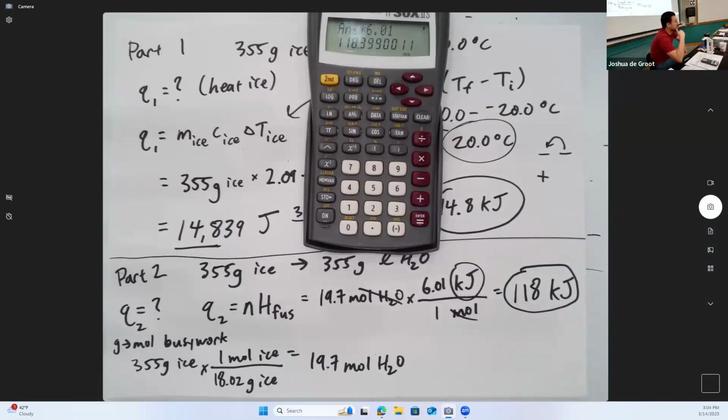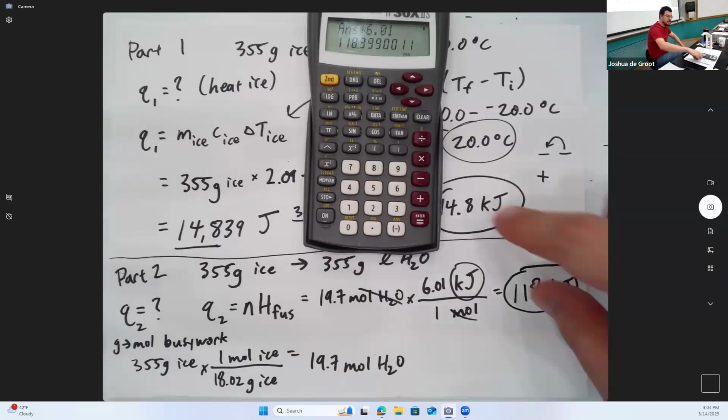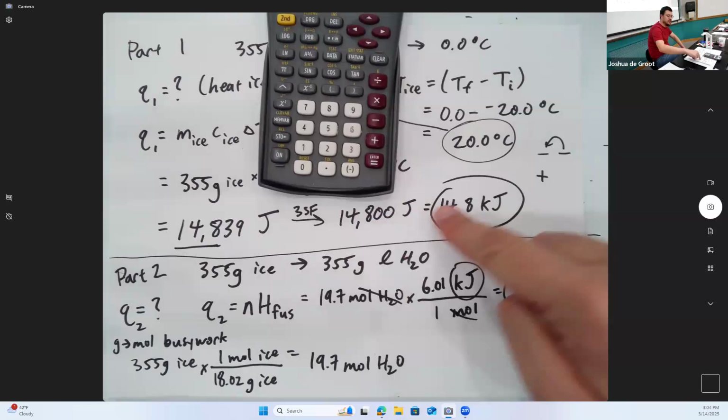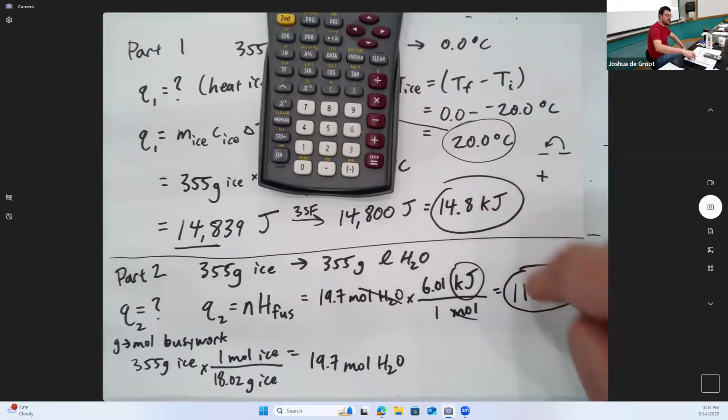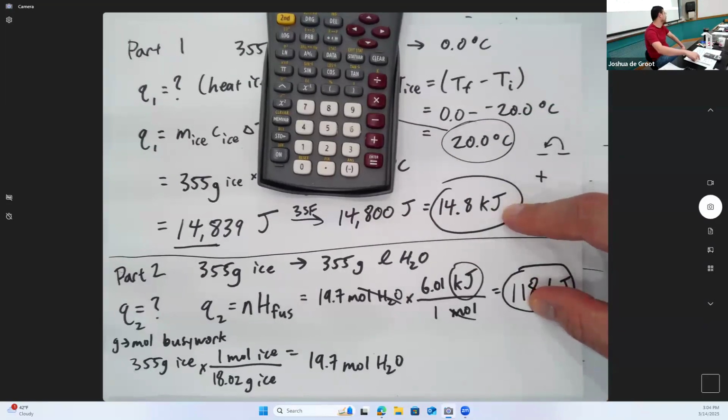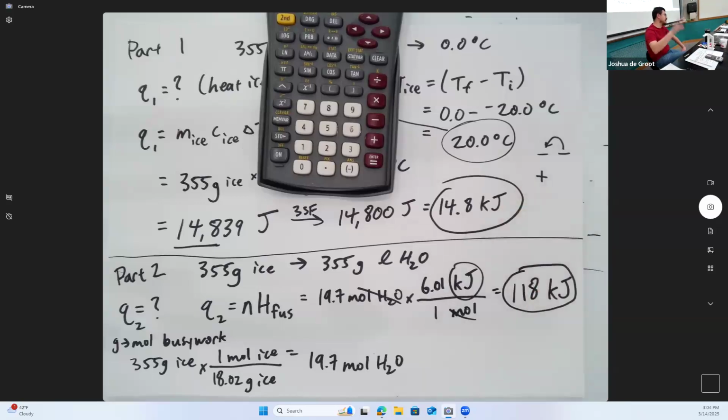Nice. Okay. All right, right on. Okay, so hopefully now you can kind of see why I took our part 1 answer from joules to kilojoules, because I just thought it'd be easier once we had to add them up. We don't have to think about units anymore.